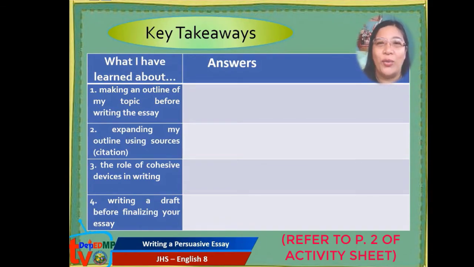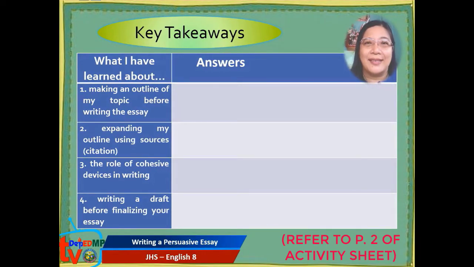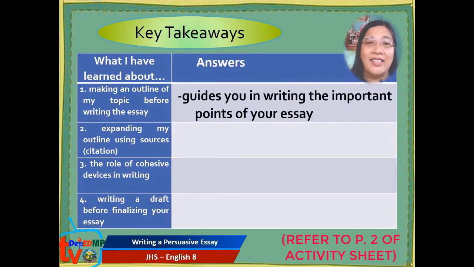Ready? Let's go! Number 1. Making an outline of my topic before writing the essay. Did you get it? It guides you in writing the important points of your essay.